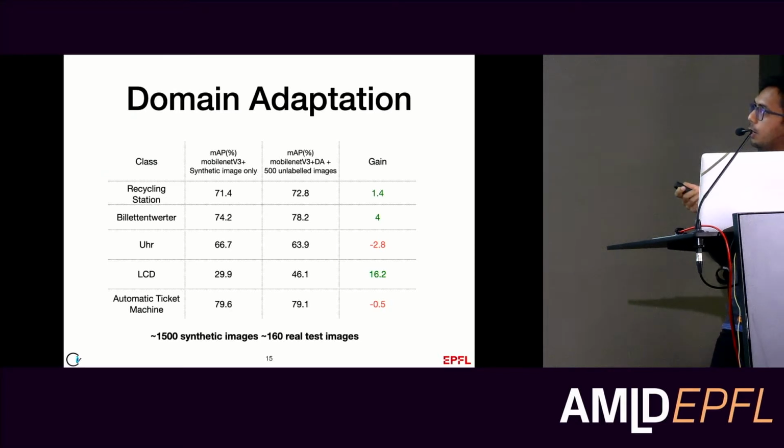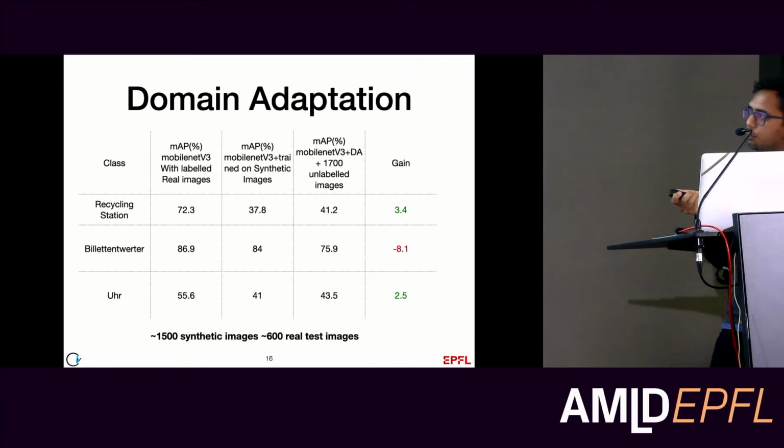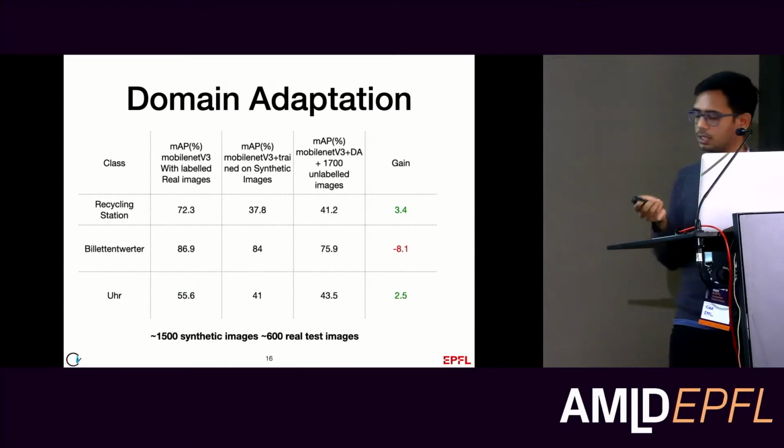There are a few drops also, but relatively it was on a smaller set of test images. We added a few more images, which we could find for 3 of the objects. And over here, we still have gain, but there are different categories which perform poorly with the adaptation technique.